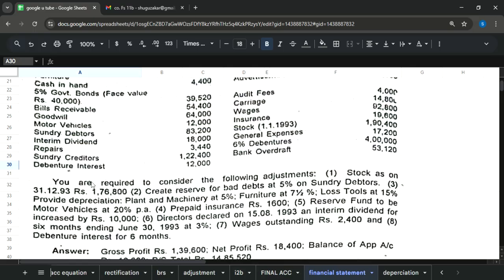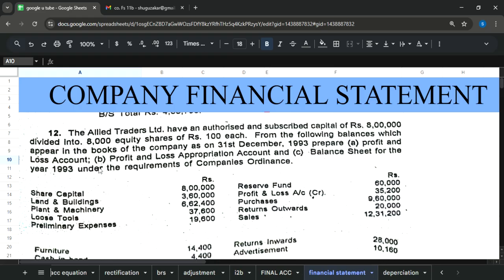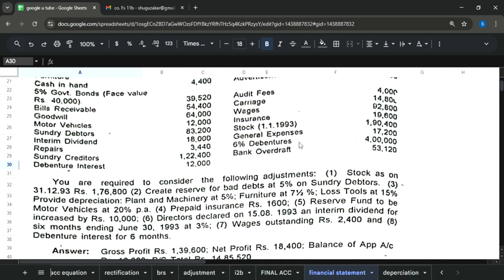Let's begin. You are required to consider following adjustments. Number one is stock 31st December. Here we are going to see the date, and date is over here 31st December 93. What does that mean? This is your closing stock.